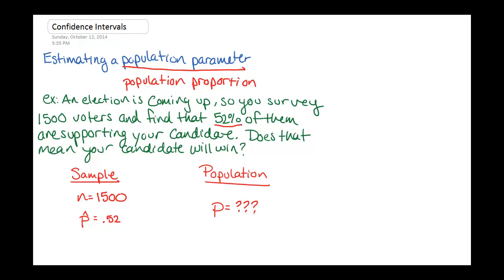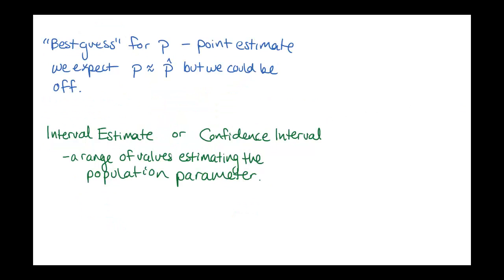But what we can do is make predictions. So there's sort of two different types of predictions we could make. One is what's called a point estimate, and this is really just the best guess we have for what p would be. Now, if we do a survey and come up with 52%, then that is really our best guess. So p hat would be our point estimate for the population parameter.